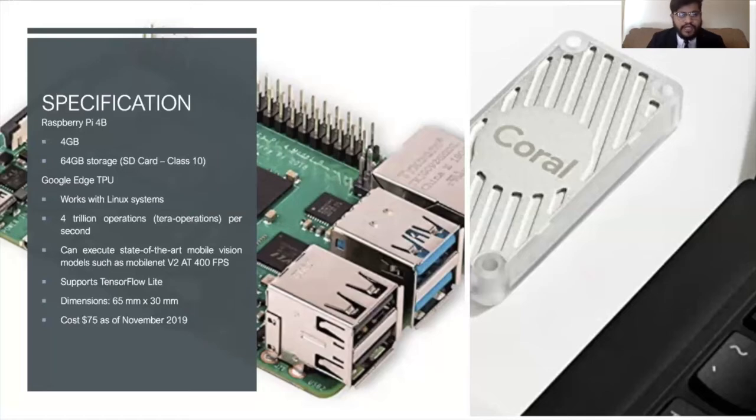For now, the Coral Edge TPU only supports TensorFlow Lite, but Google is already working on providing more support for PyTorch and Caffe and all the rest of the deep learning architectures.